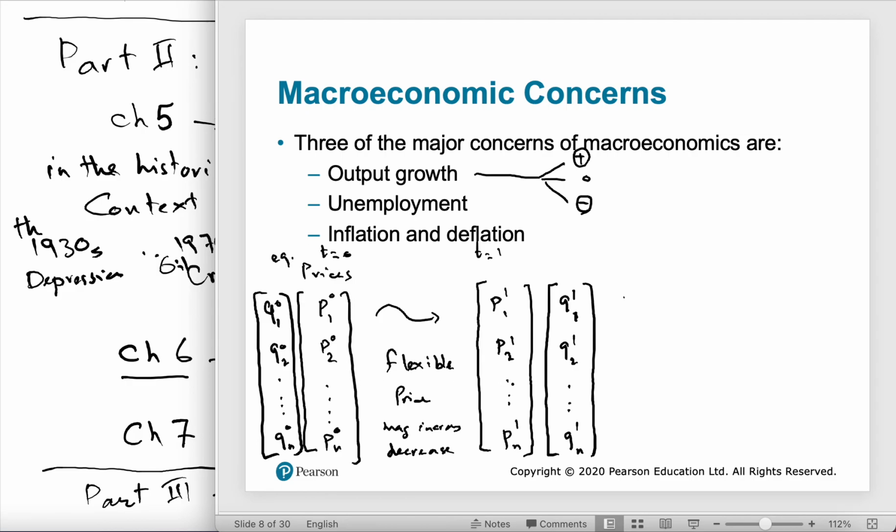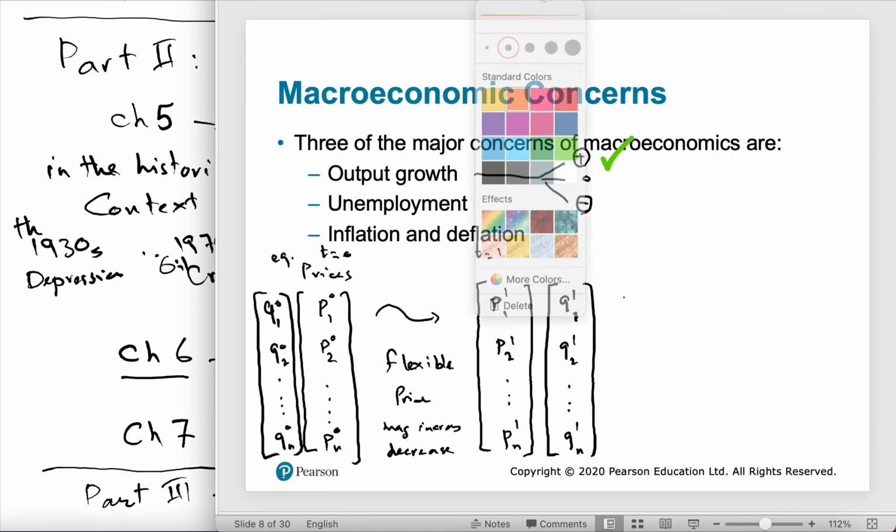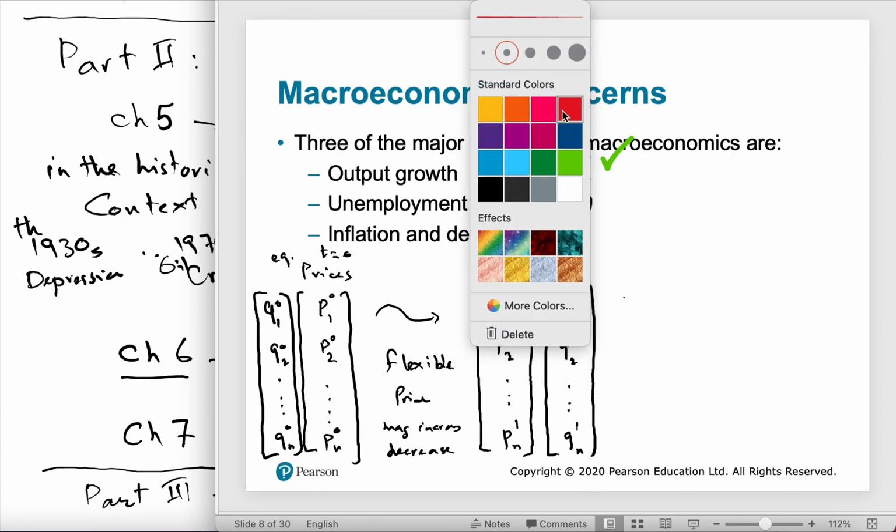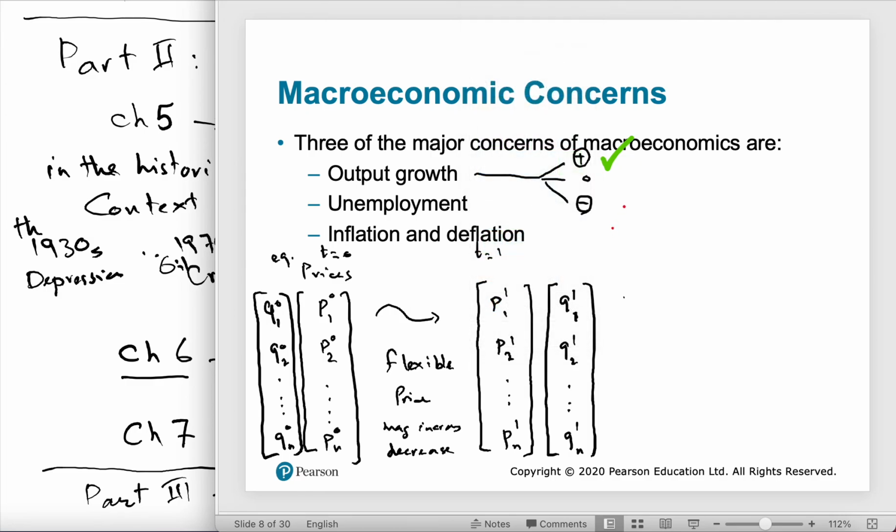We still haven't been able to define it. In the next chapter we will do that, but there are three possibilities: if we are growing, it's good, but if we are going downward, actually that's the problem.